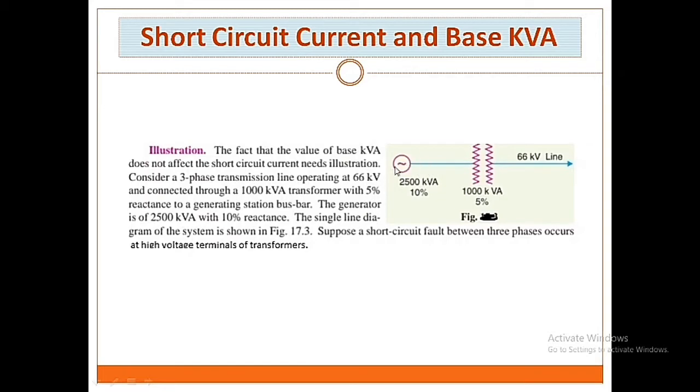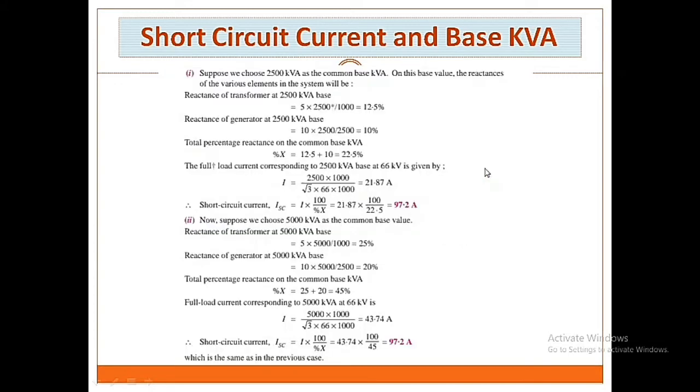The generator is of 2500 kVA with percentage reactance 10%. Suppose a three-phase short circuit fault occurs at the high voltage terminal of the transformer.